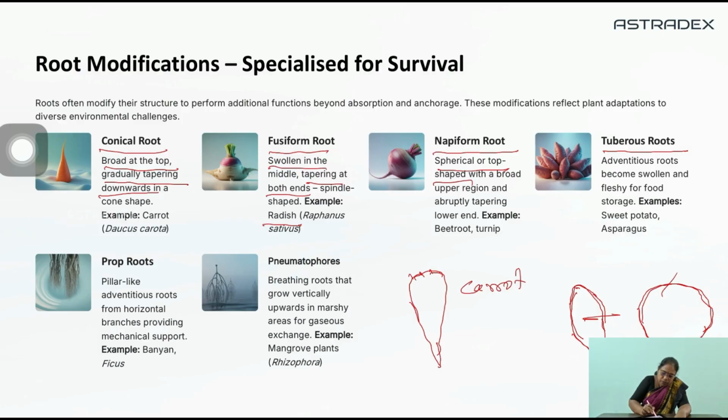And then prop root. Prop roots give additional support to the plant. This is a tree. These are the branches. So pillar-like roots grow downward into the soil and give additional support to the plant.